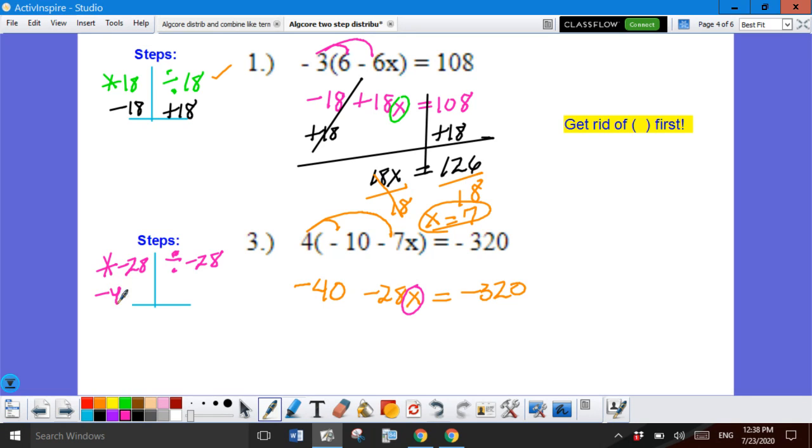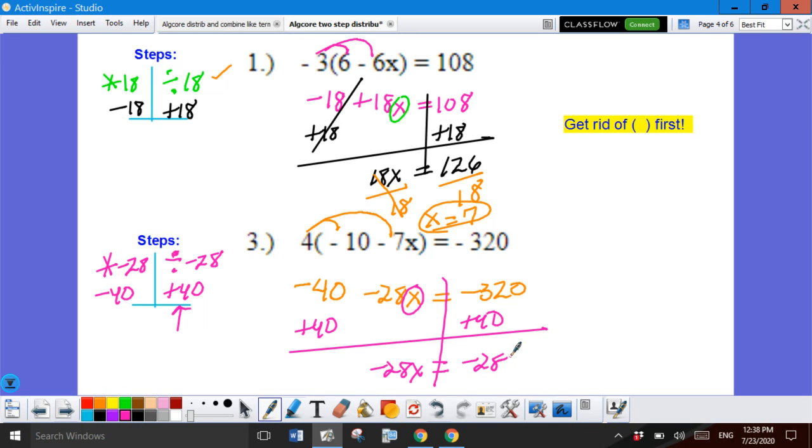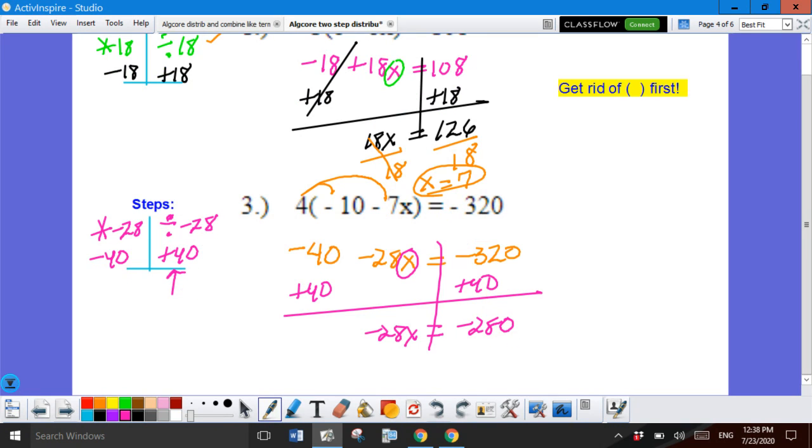The second thing, minus 40, plus 40. So I'm starting here. Plus 40, plus 40. So negative 28x equals negative 320 plus 40 is going to give me a negative 280.